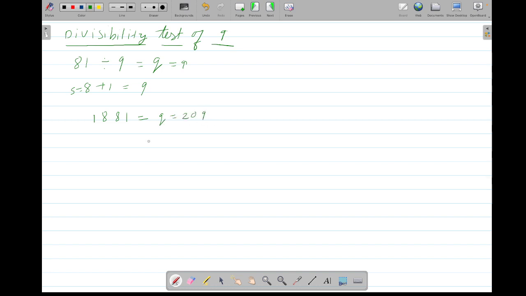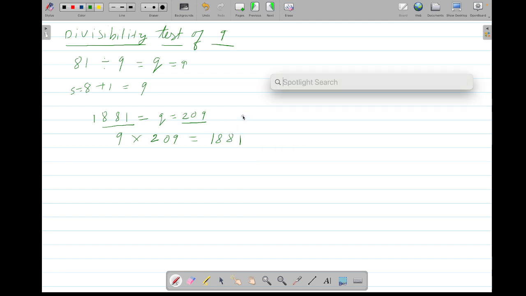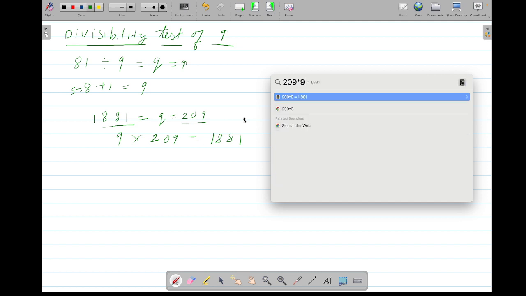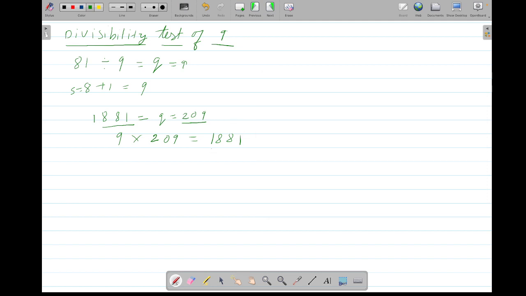To ensure that this number is completely divisible by 9, we can multiply 9 into the quotient, and the answer should be 1881. So it is giving the exact number. So here we can see this number is completely divisible by 9.